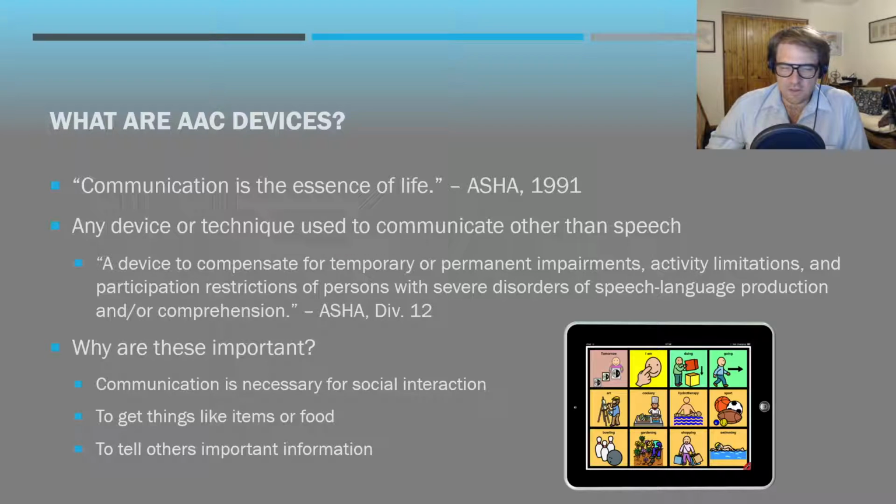This encapsulates a lot of meaning into one short little sentence. But essentially, what this is saying is that communication is an absolutely essential part of being a living being, basically, right? And if you think about it, that's true.